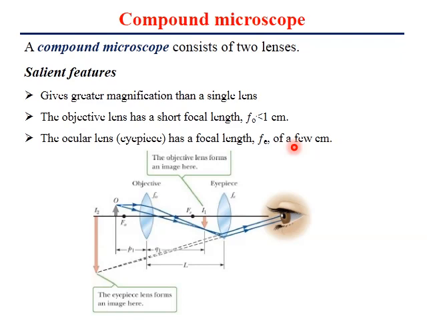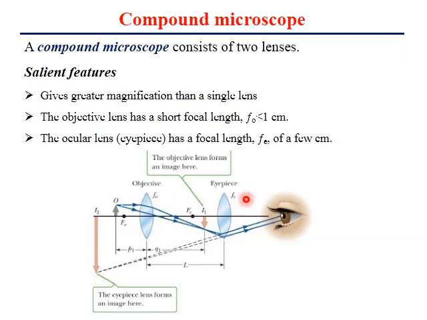Okay, now the first microscope that we are going to cover here is a compound microscope, a very common one. A compound microscope consists of two lenses. One is the objective, which is closer to the object, and the other, near the eye, is known as the eyepiece. Now what are the salient features of a compound microscope? It gives greater magnification than a single lens, which is obvious.